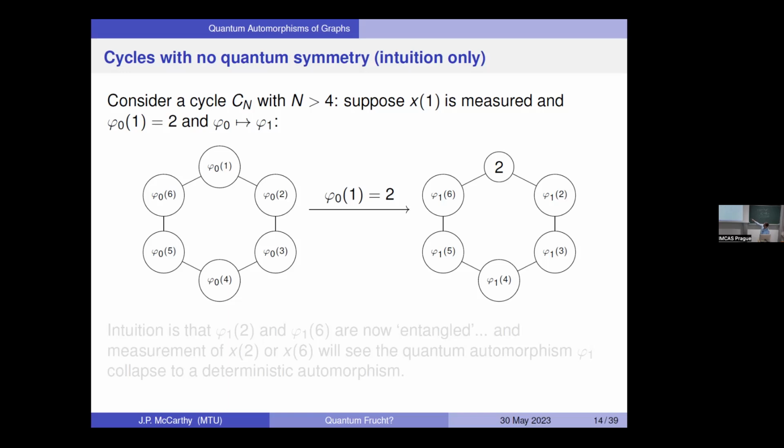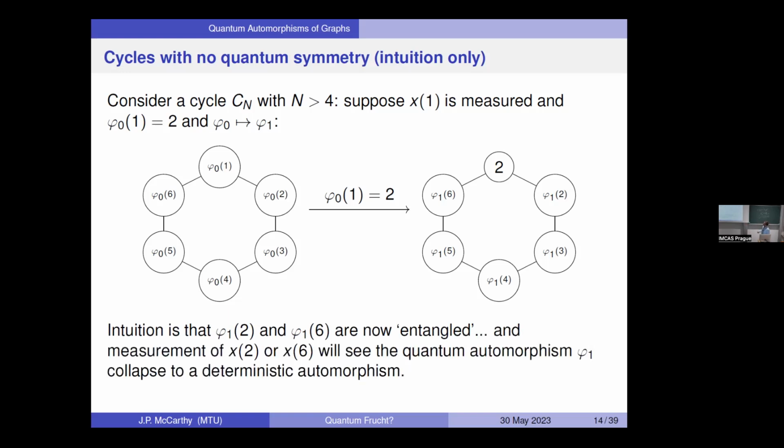And if this is 3, this has to be 1. This is entangled in a kind of popular science sense, not a proper sense, but there is a kind of entanglement between these two. And it actually turns out that you can use this intuition to prove that if, say, for example, this is equal to 1, and you're collapsing, that this will be equal to 3 with probability 1.